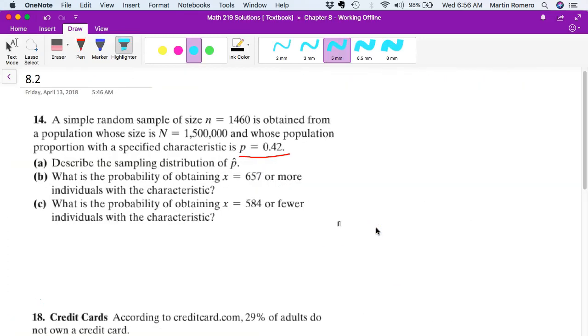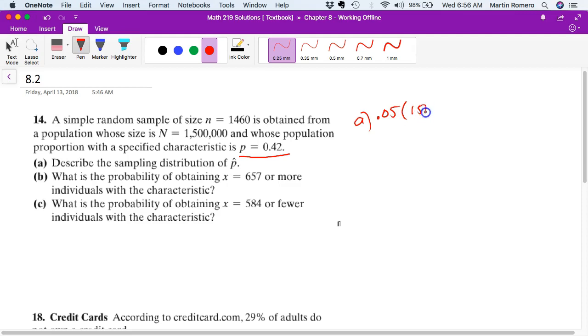For this first problem, let's check part A. Let's do the 5% of the population. 0.05 of the population, which is 1.5 million, equals 75,000.